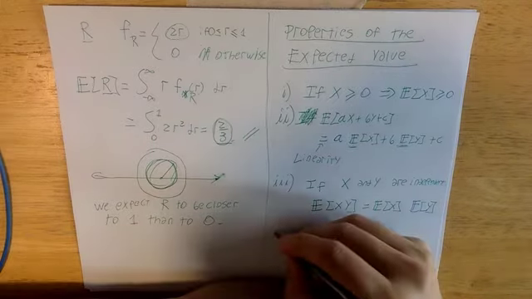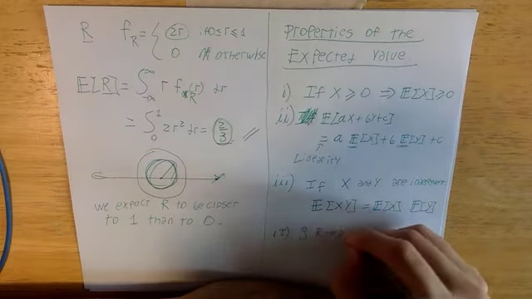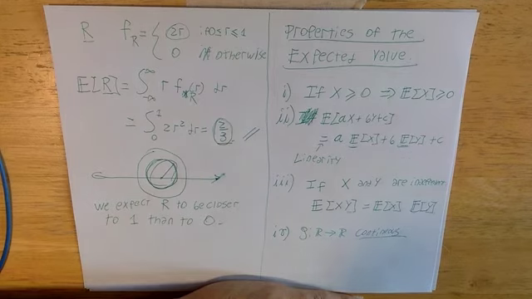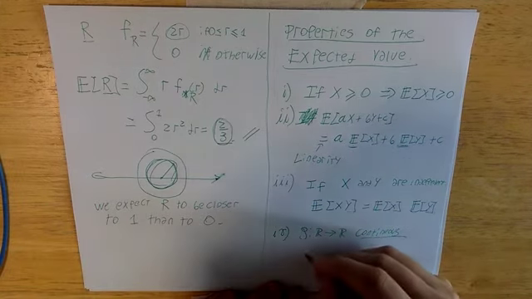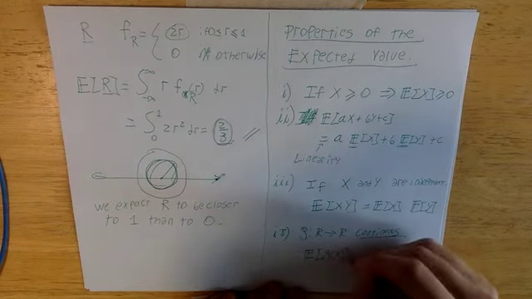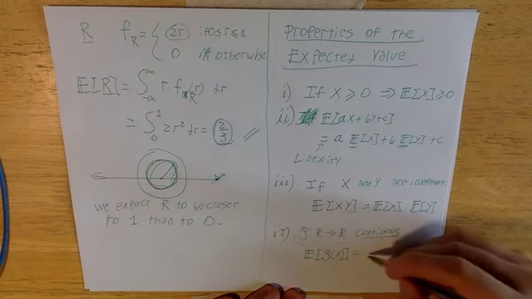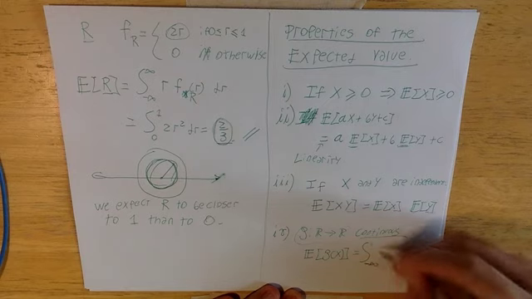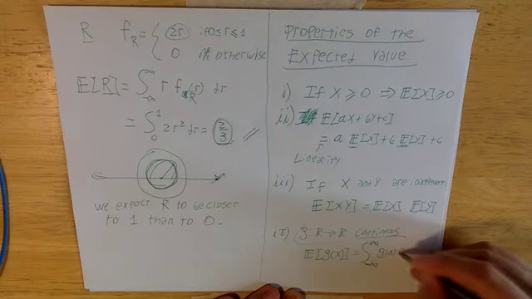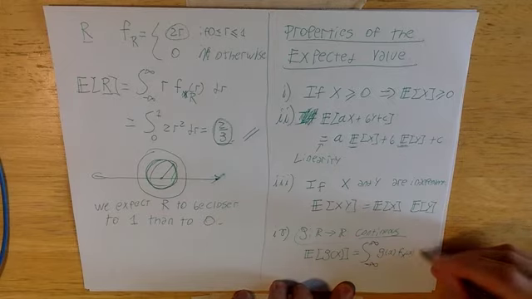And finally, if we have a function g from R to R which is continuous (it doesn't need to be continuous, but continuous is a minimal thing to ask), then the expectation of g of X, which is a random variable composed with this function g, is going to be the integral from minus infinity to infinity of the function applied to little x times the density f of x dx.